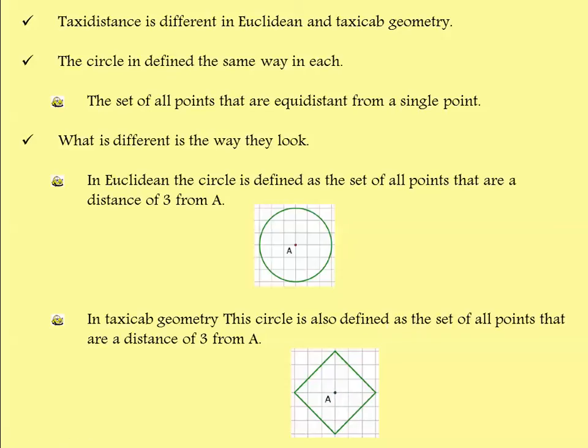That's right, because no matter how I draw 3 blocks starting at point A, if I go up 2 over 1, that's 3 blocks. If I go up 1 over 2, that's 3 blocks. When you connect all those dots for 3 blocks, it comes out looking like a square, not a circle.